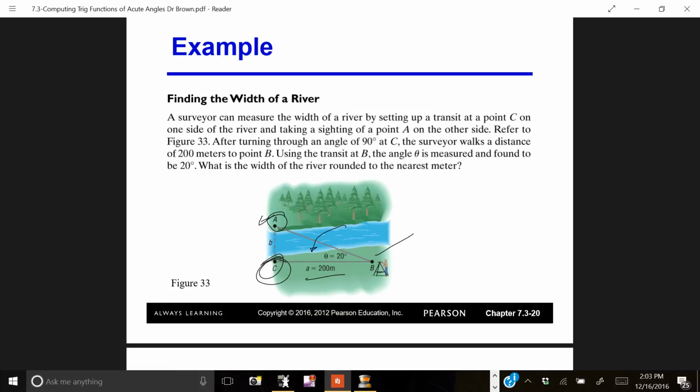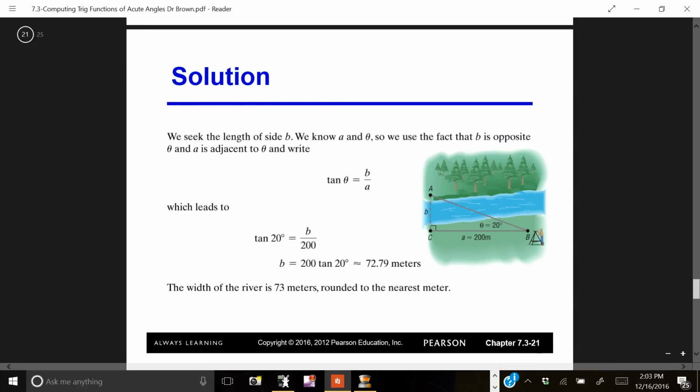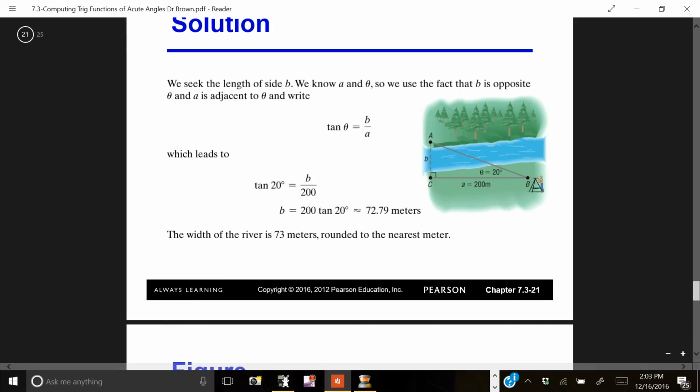So immediately we can do a calculation on what the distance across the river is. We can go ahead and write down that the tangent of theta is equal to opposite over adjacent, which is B over A, which is B over 200, and the angle is 20 degrees.